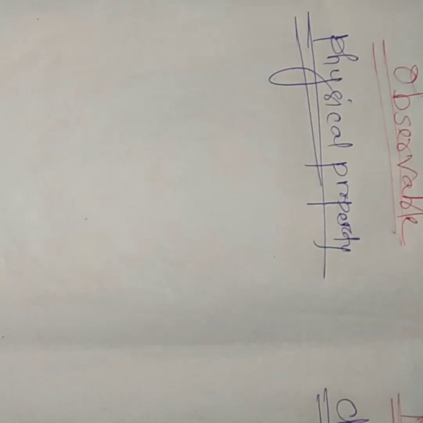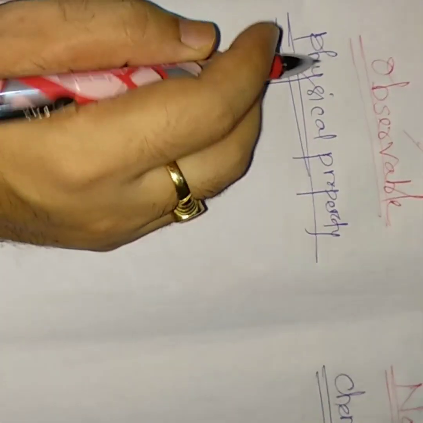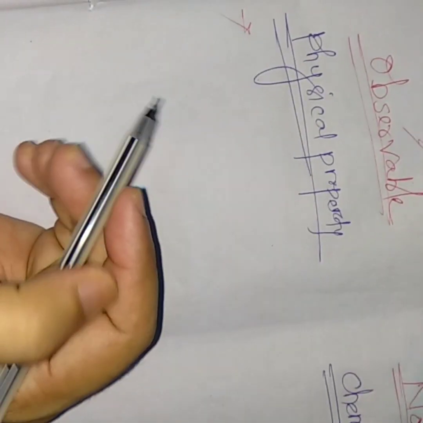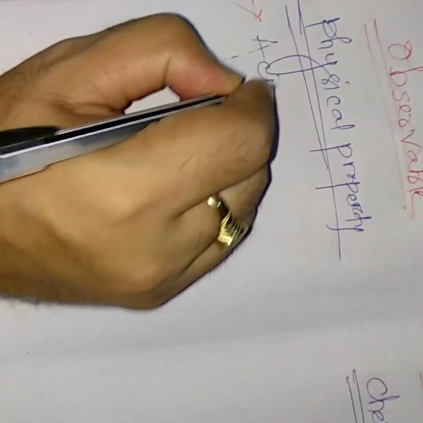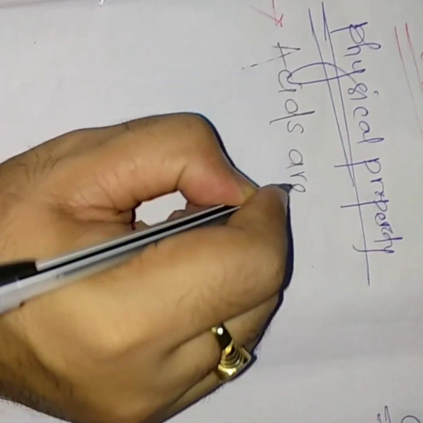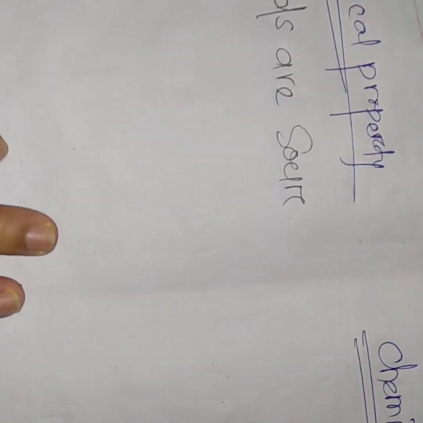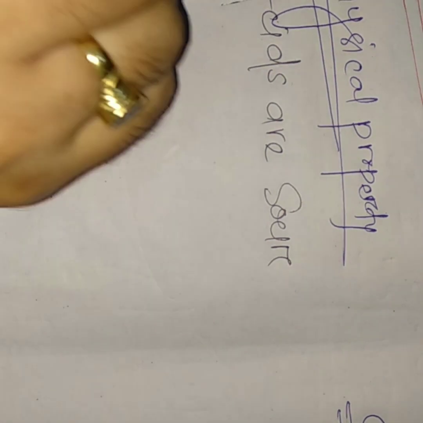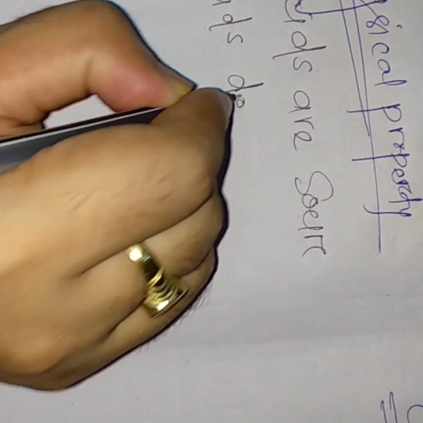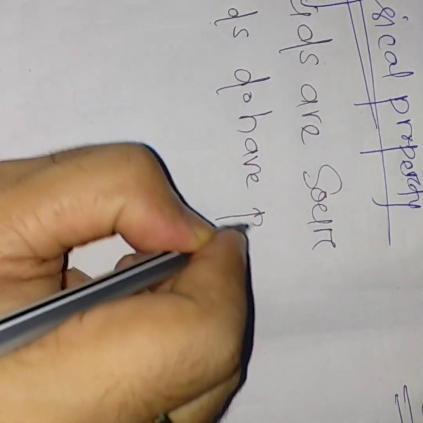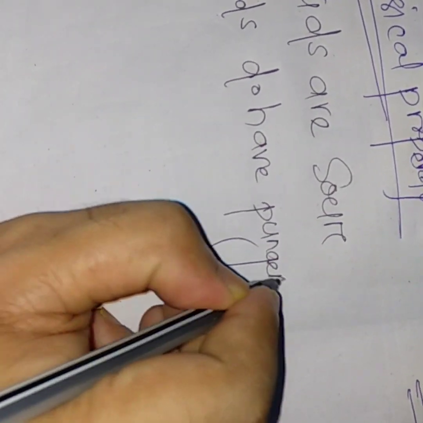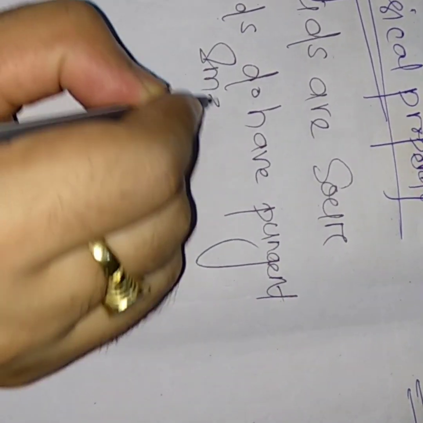Done. See, so first physical property: acids are sour in taste. The taste of acid is quite sour, and acids do have some pungent smell.